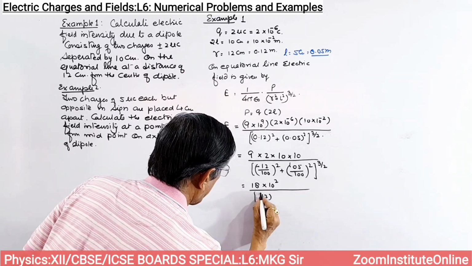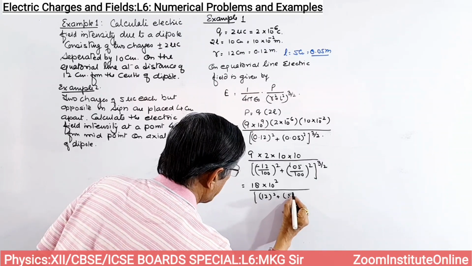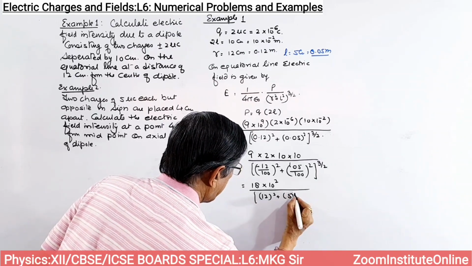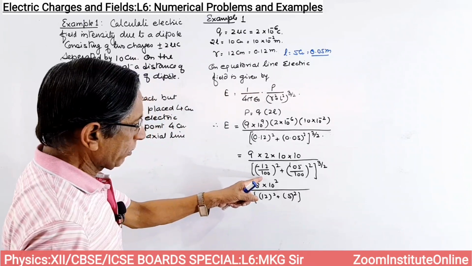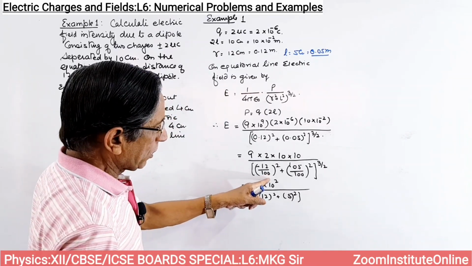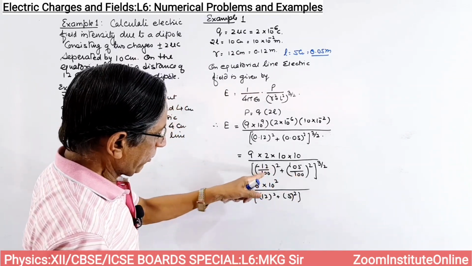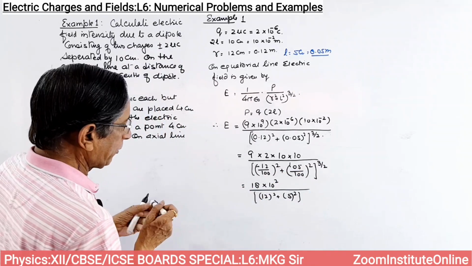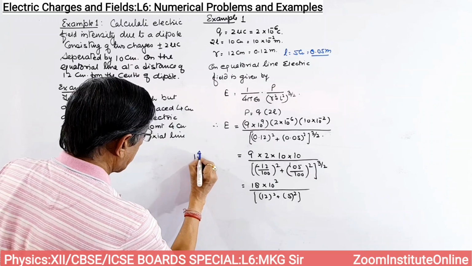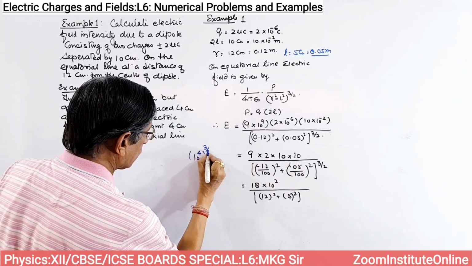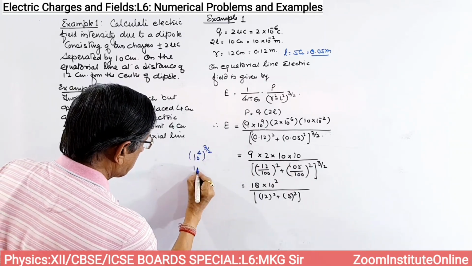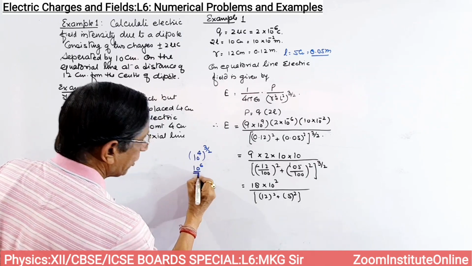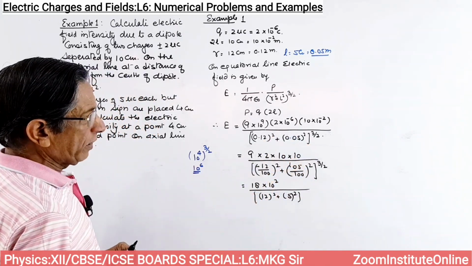this will be your 12 square, this will be your 5 square, and this will be your 10 to the power 4, whole power 3 by 2. So, you can write 10 to the power 4 and its power is 3 by 2. So, 3 by 2 means 10 to the power 6. So, this 10 to the power 6 will go in the numerator.